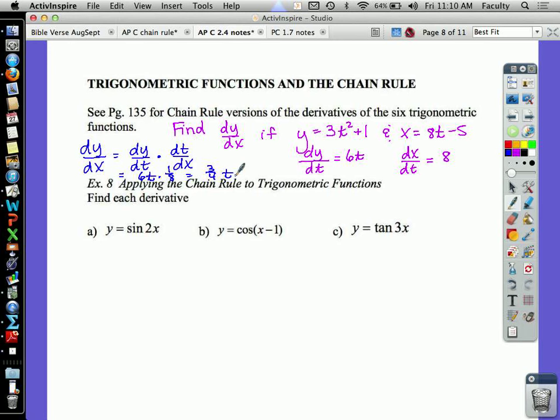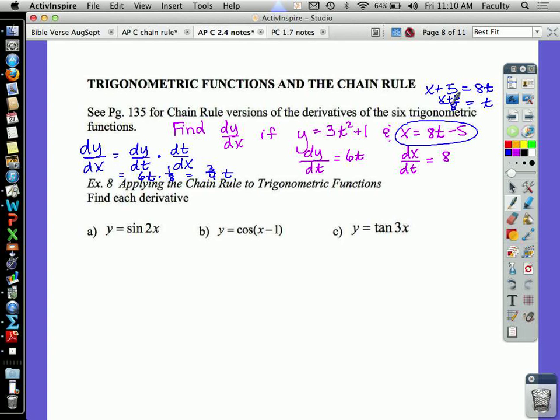Except that's not in terms of x, is it? So how can I then put it so that it would actually have an x? Any ideas, Ian? You can solve the second equation for t in terms of x. Good job. All right, so that's what we'll do. We'll add the 5 and divide by 8.